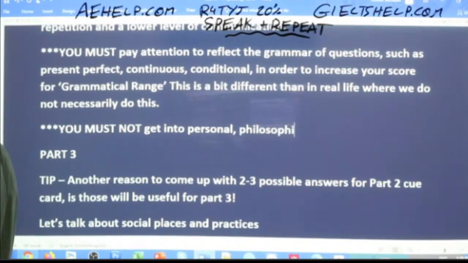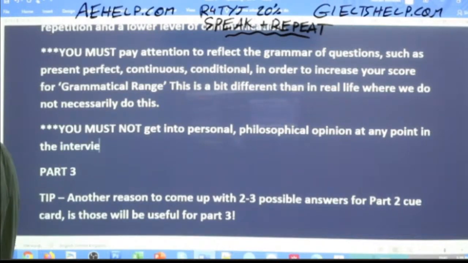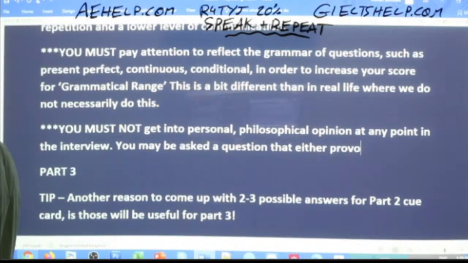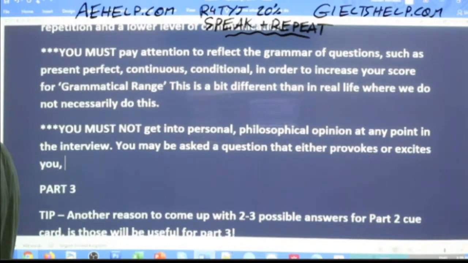philosophical opinion at any point in the interview. You may be asked a question that either provokes or excites you. Calm yourself.